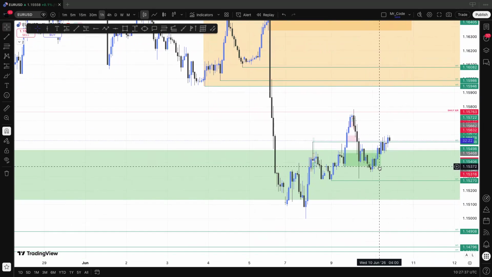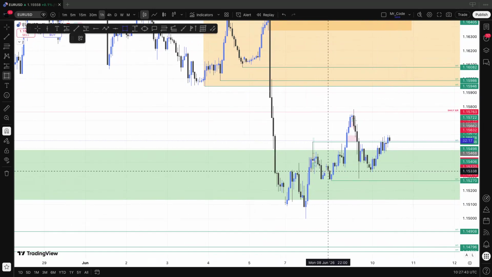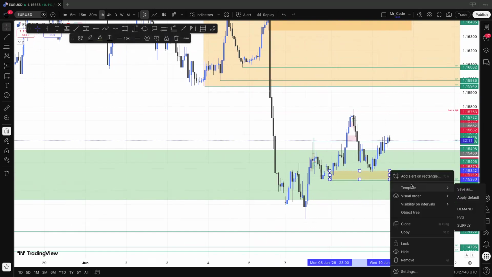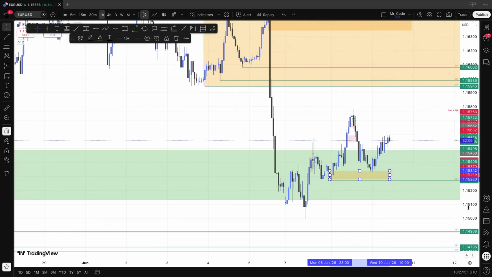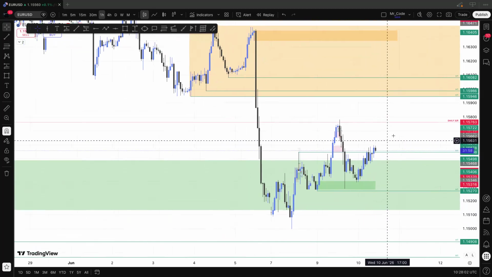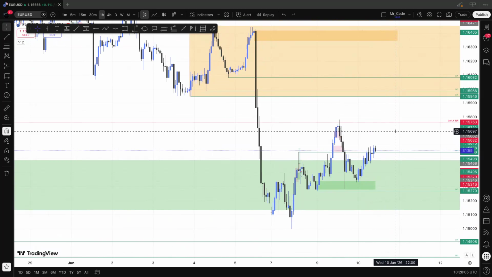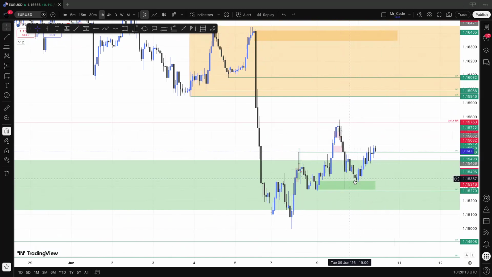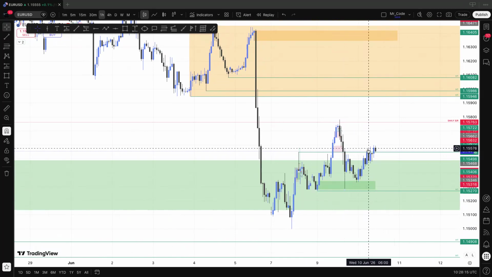Price ended up using this demand to give this impulse right now. And yesterday we got to a daily support or resistance, and that daily support or resistance gave a reaction back into this 1 hour demand, which is currently giving an impulse.